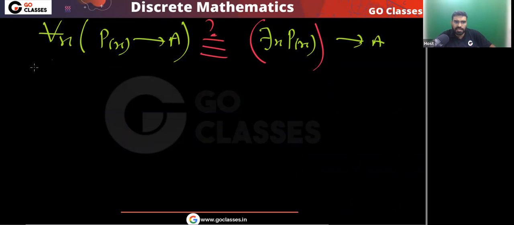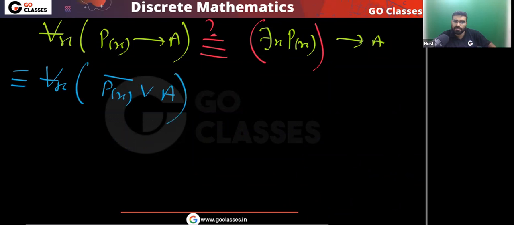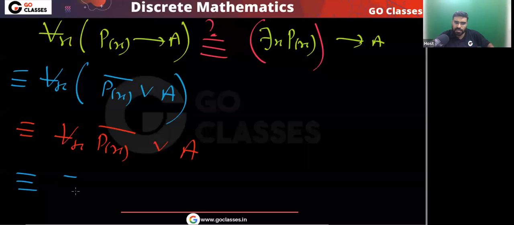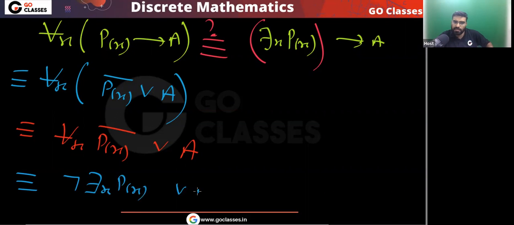See, can I say that this is the same as for all x px bar or a? Yes or no? And that is the same as negation there exists x px or a. Right?